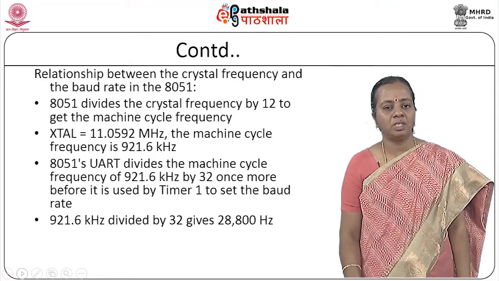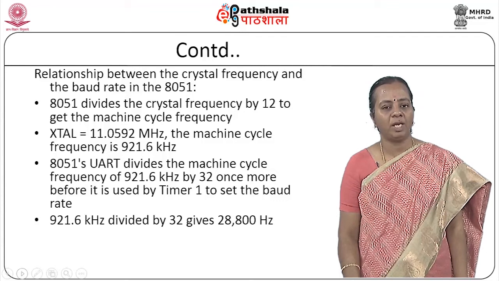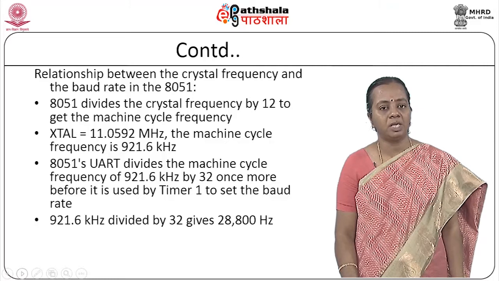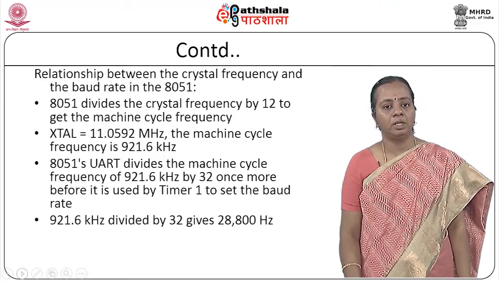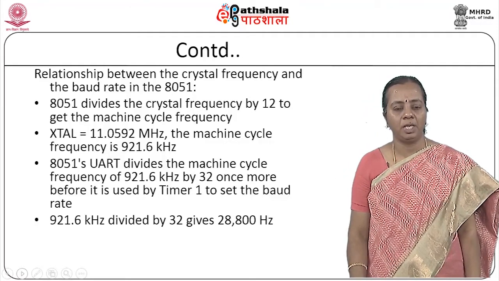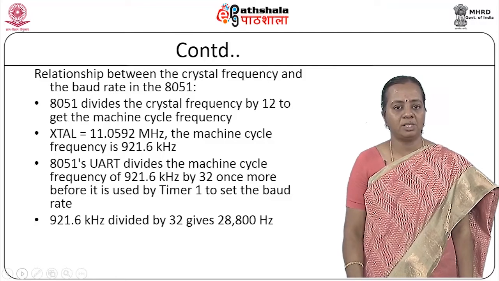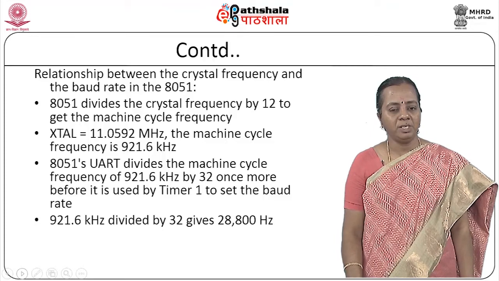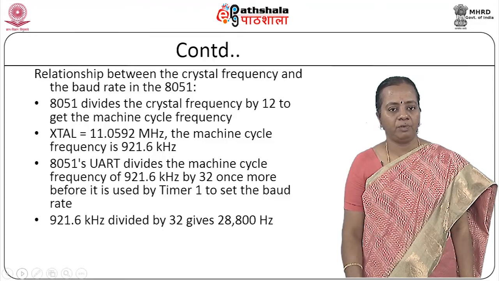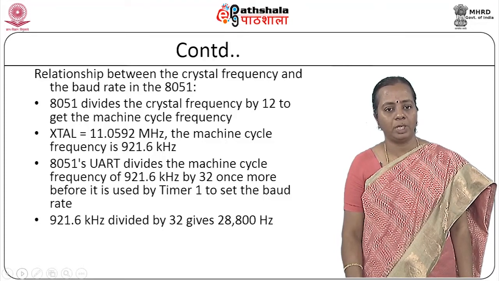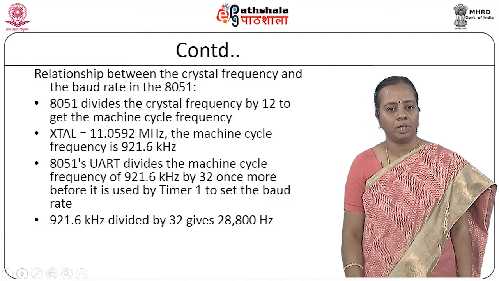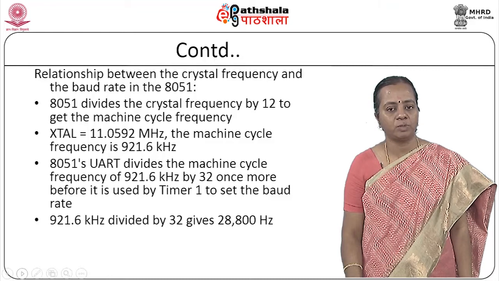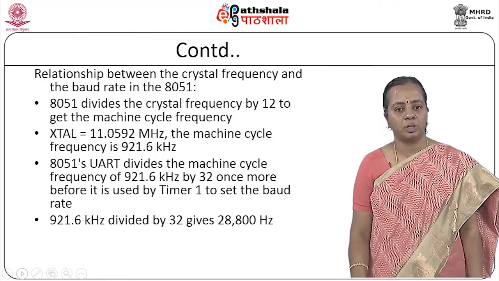The UART, the inbuilt device available in the 8051 for serial communication, divides the machine cycle frequency again by 32. So 921.6 kilohertz divided by 32 gives the clock the UART supports for data transfer.